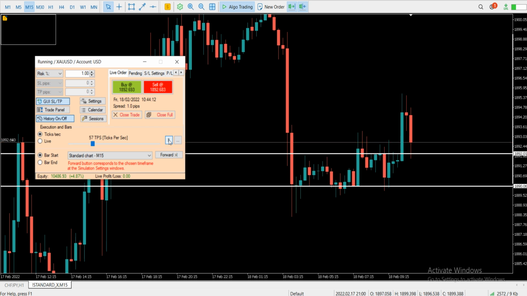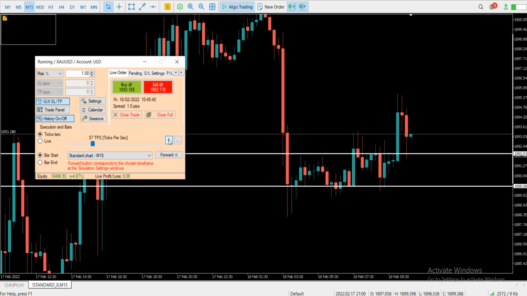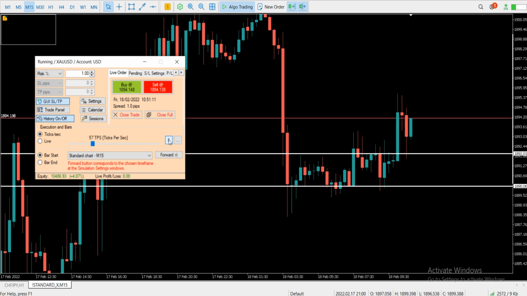15-minute candle closed bearish. Now this candle can break the high of the previous candle and go up. Yeah, very high chance. 10 minutes left, 9 minutes left.